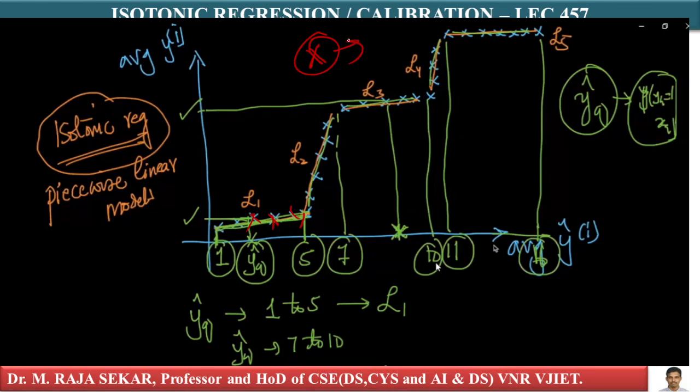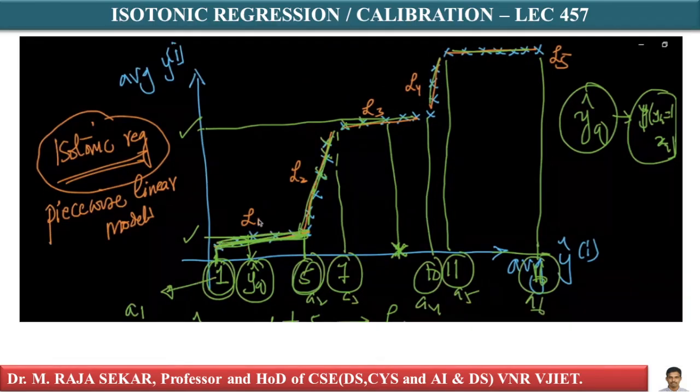If you think about it from a regression standpoint, I want to find these thresholds: 1, 5, 7, 10. These thresholds are often written as A1, A2, A3, A4, A5, A6.